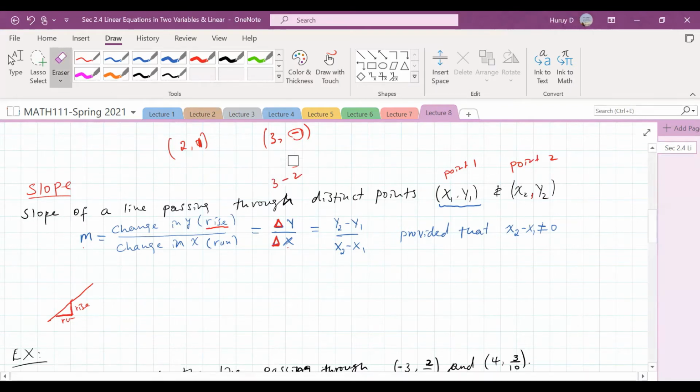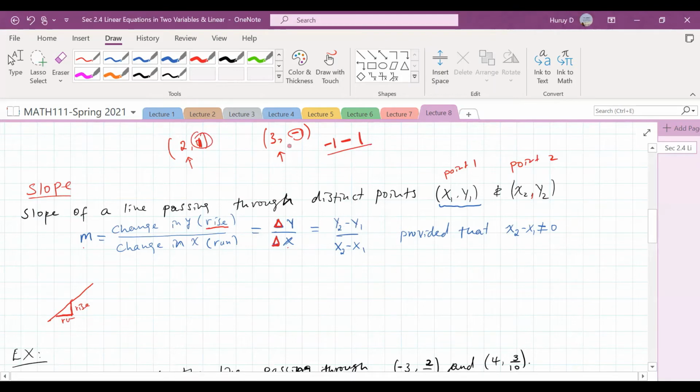The answer is it doesn't matter. You can take this one as point 1 and this point 2, or this point 1, this point 2. But one thing you have to be careful about is when you subtract y2 minus y1, for example, if you start with this one, you do -1 minus 1.